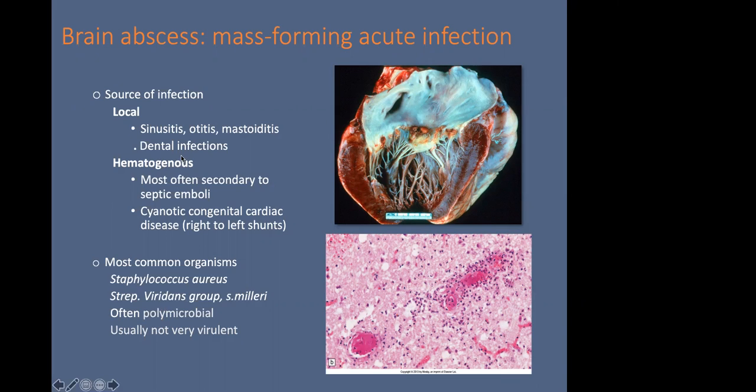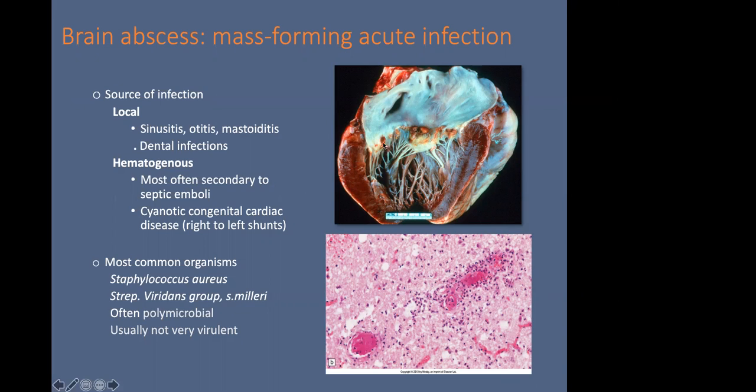Mostly these bacteria come from sinusitis, middle ear infections, mastoiditis, dental infection, etc., and spread from there. However, abscess can be produced by bacteria that come through the blood into the brain.